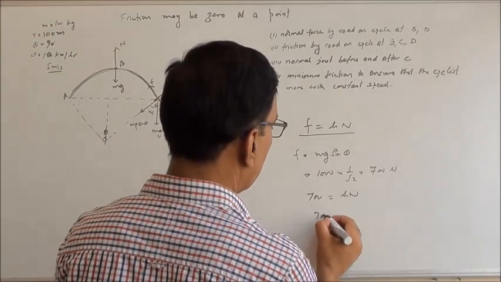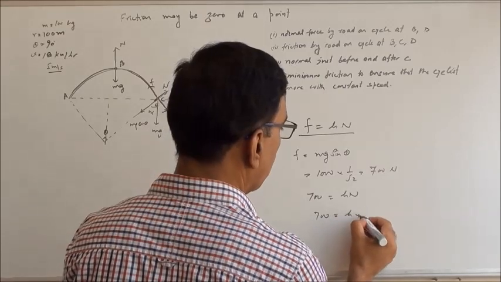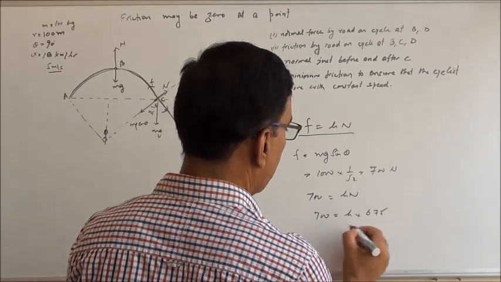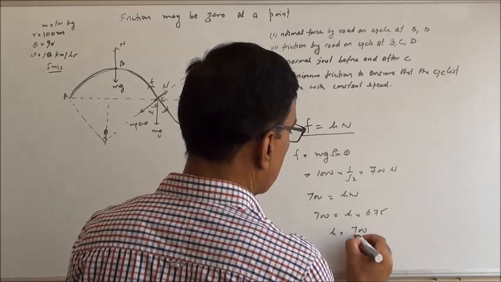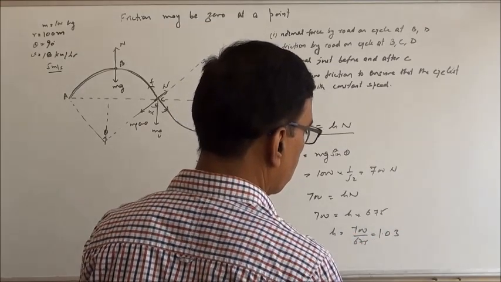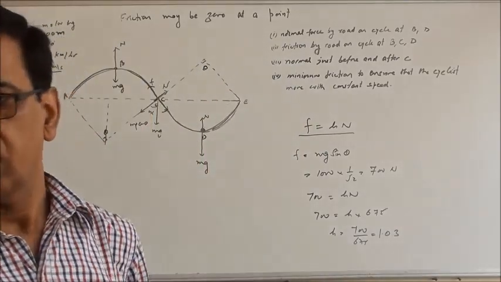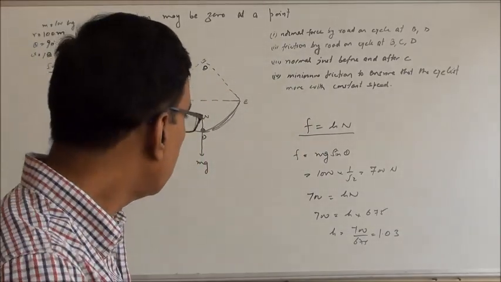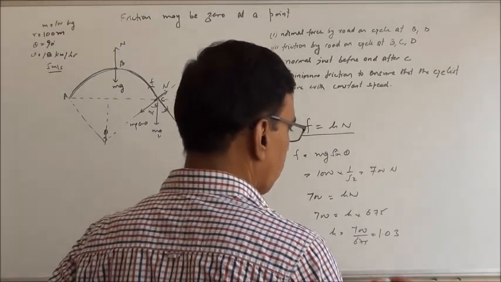And 700 is mu times 675, so mu is 700 upon 675, it will be 1.03 and something. You can calculate this later.